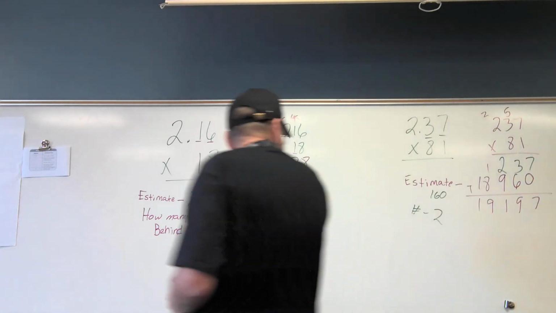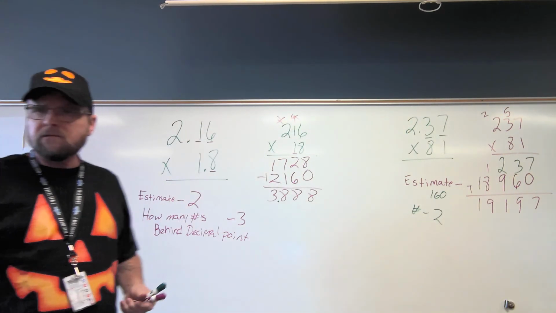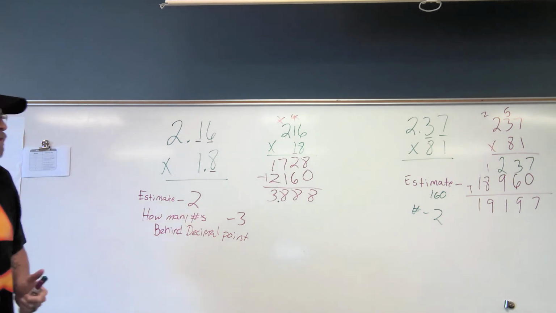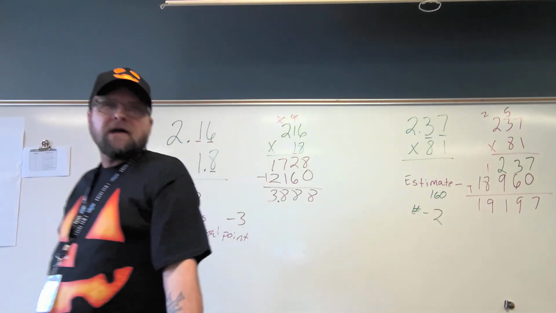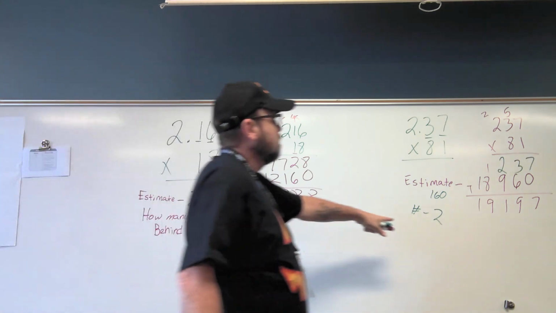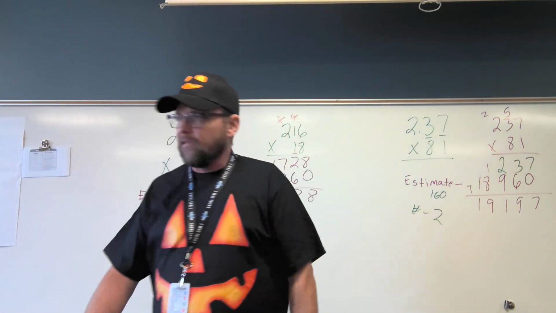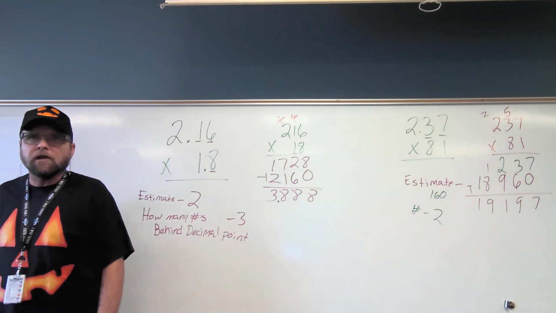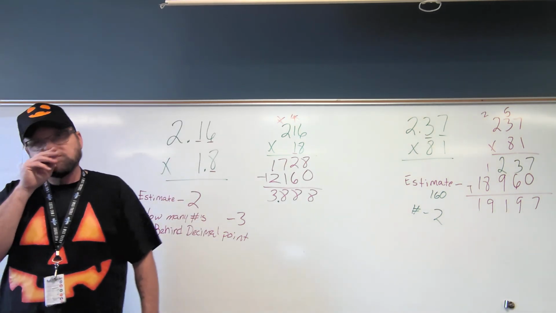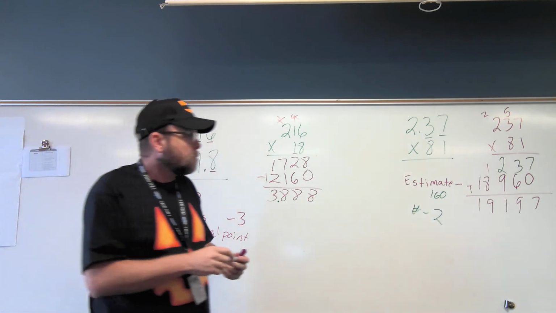Hopefully I multiplied that right. Did I get that right? Yeah. My friend Knox told me his estimate was 160. My friend Maddie told me that there are 2 numbers behind the decimal point in the answer. Destiny, where's my decimal point go? Behind the 9.